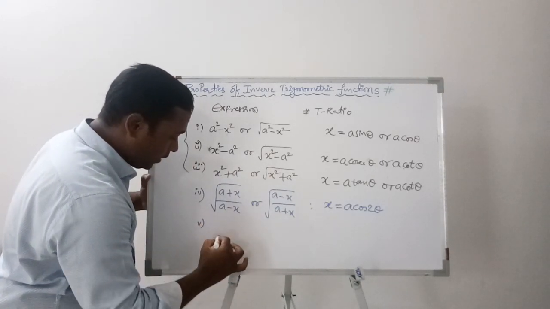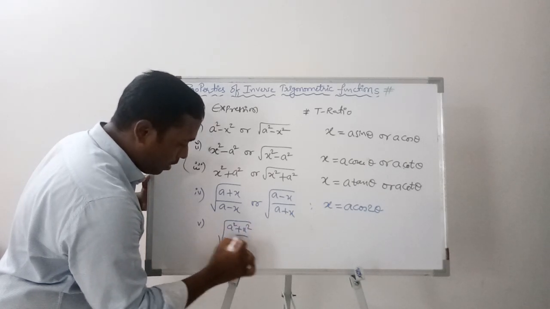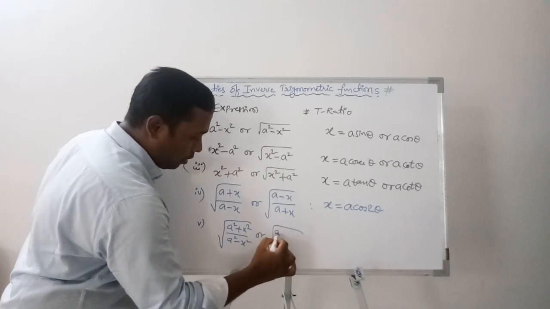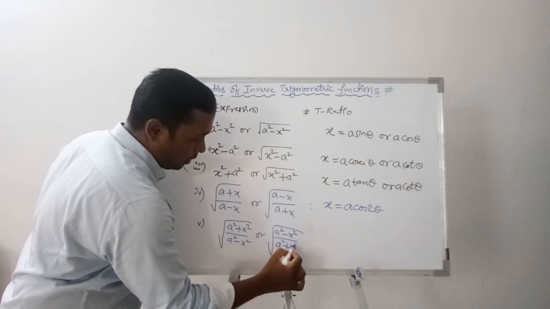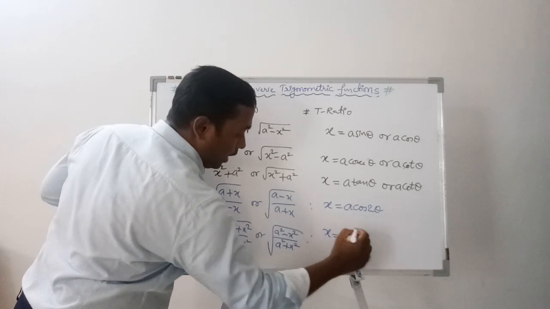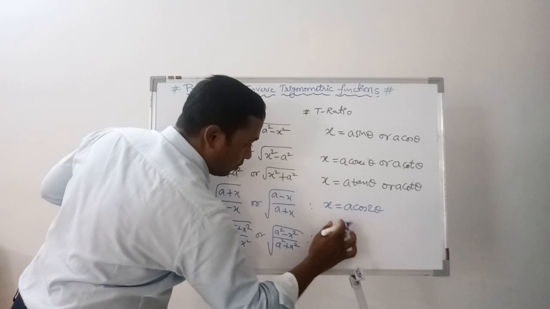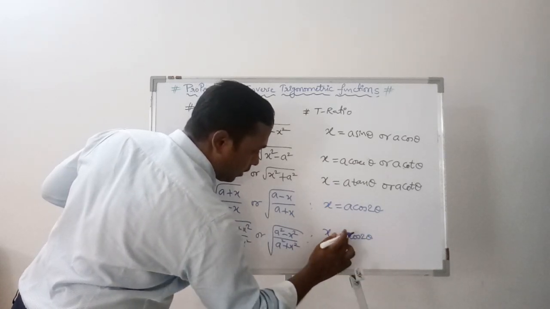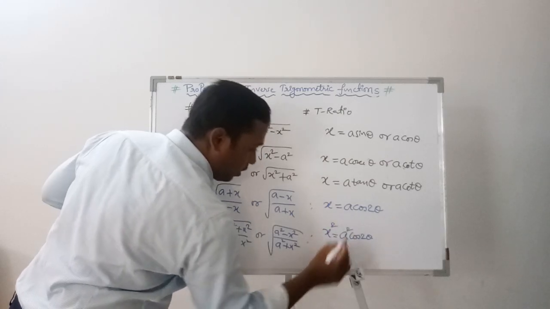Now the fifth one: if it is in the form of a square plus x square by a square minus x square, or under root of a square minus x square by a square plus x square, then x square is equal to a square cos 2 theta.